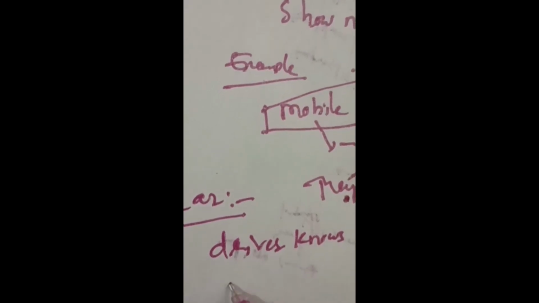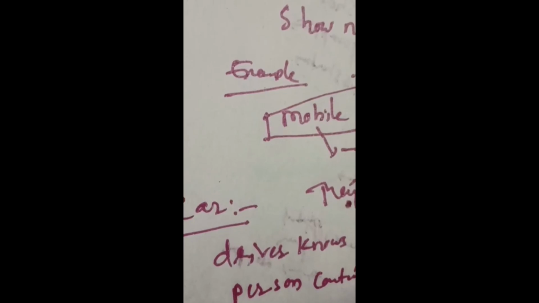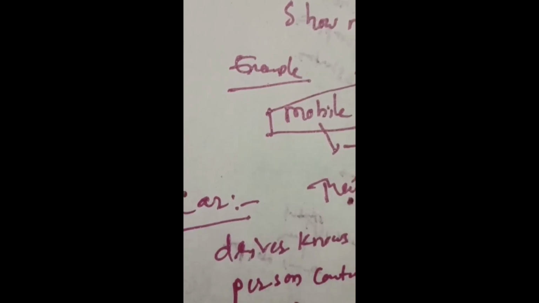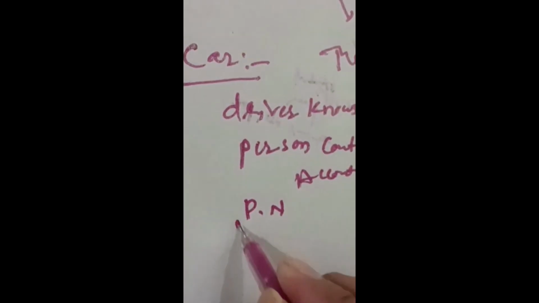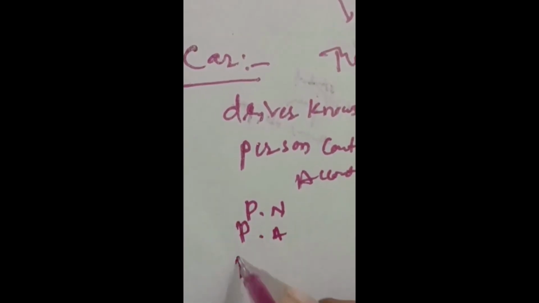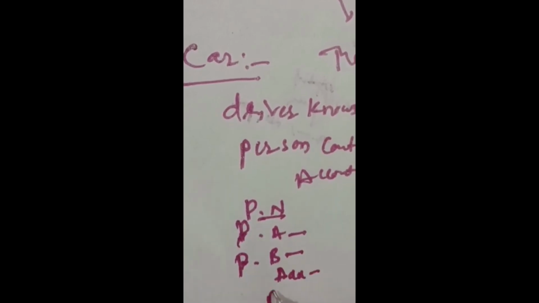Next, suppose a person contains bank account details: person name, person address, account number, balance, phone number, and profit.